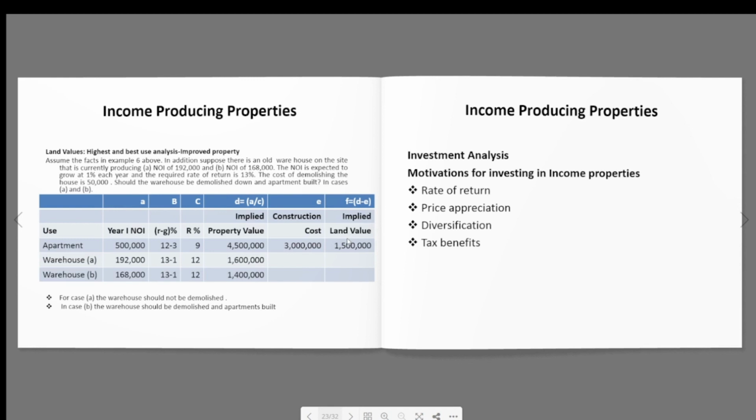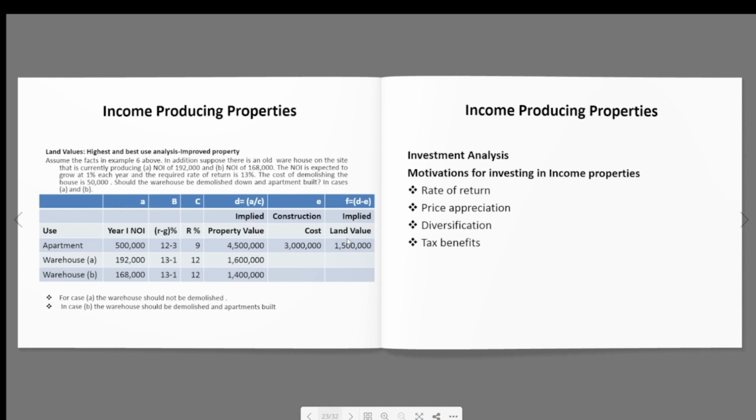So in the event of warehouse A, the land value is assumed to be 1.6 million, and for warehouse B, assumed to be 1.4 million. So this means that for property A, with the net operating income of 192,000, the warehouse should not be demolished since the implied land value is actually higher than the land value in the event that we were to build the apartments.